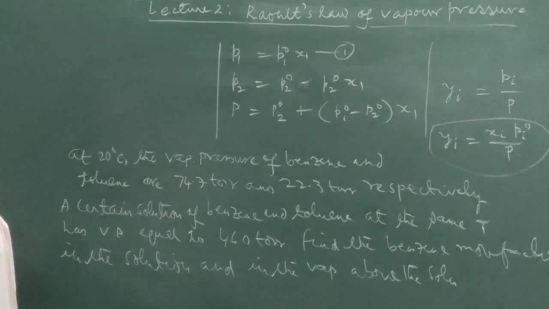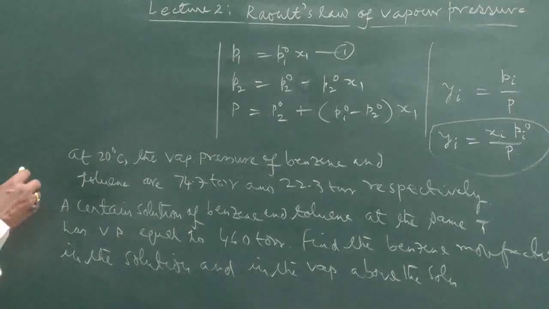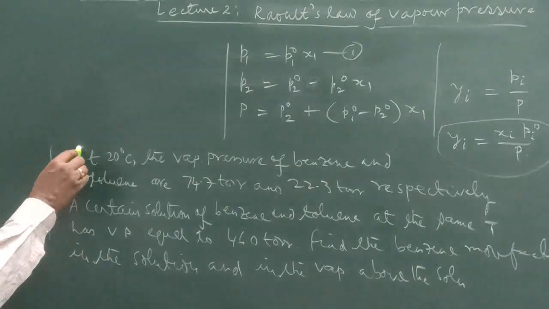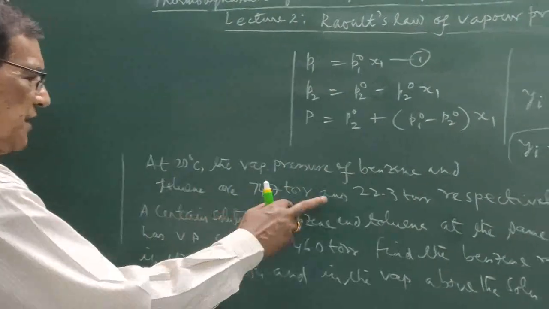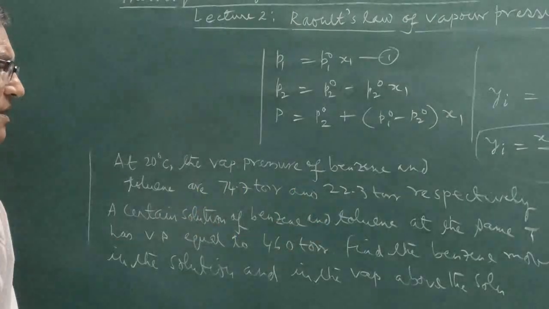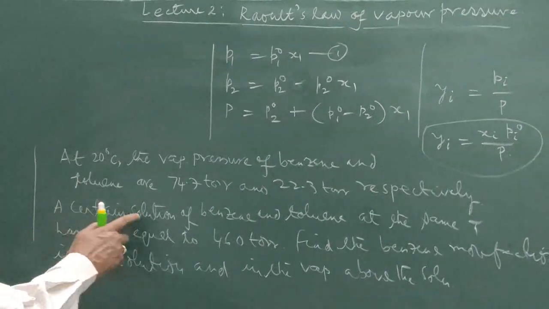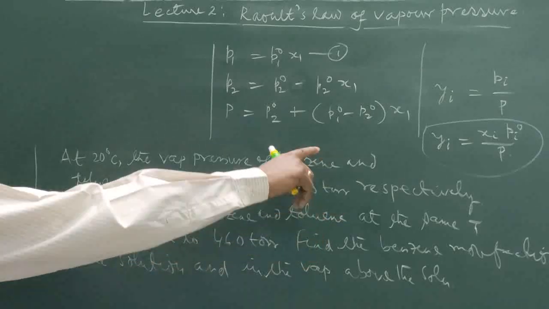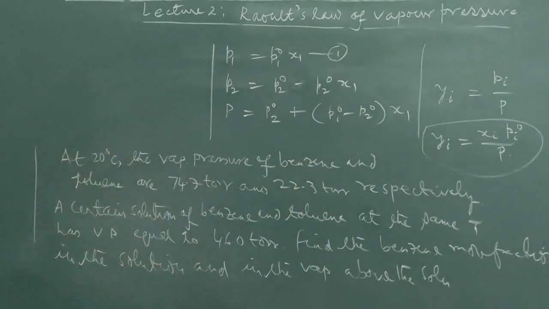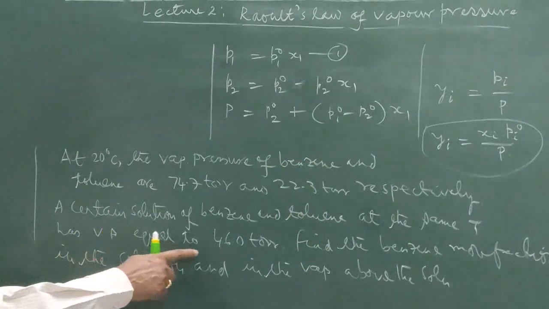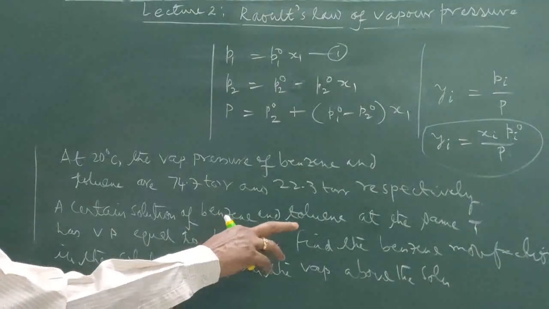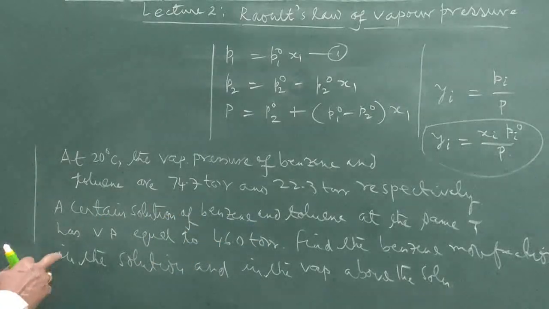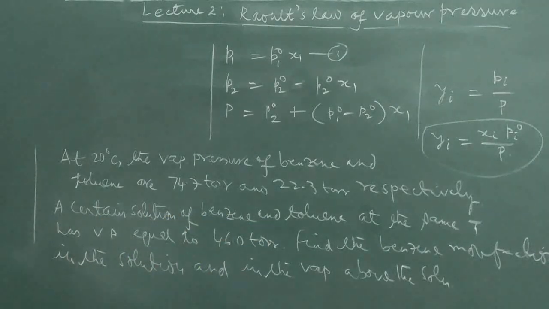So this is the problem. At 20 degrees centigrade, the vapor pressures of benzene and toluene are given, this one and this one respectively. A certain solution of benzene and toluene at the same temperature, 20 degrees centigrade, has a vapor pressure equal to 46.0 torr. Find the benzene mole fraction in the solution and in the vapor above the solution.